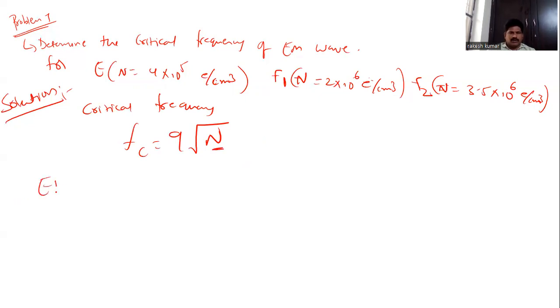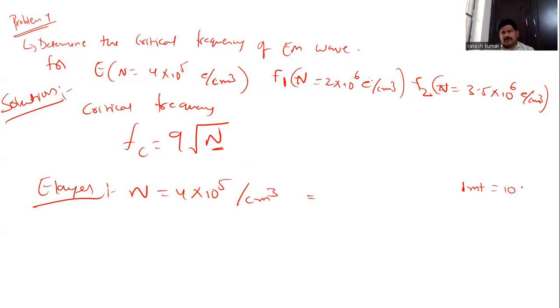Okay, let us take the E layer. For the E layer, what is the value of n? They have given 4 into 10 to the power of 5 electrons per centimeter cube. Let us convert it into per cubic meter. 1 centimeter is equal to 10 to the power of minus 2 meters, so 1 centimeter cube is equal to 10 to the power of minus 6 meter cube.